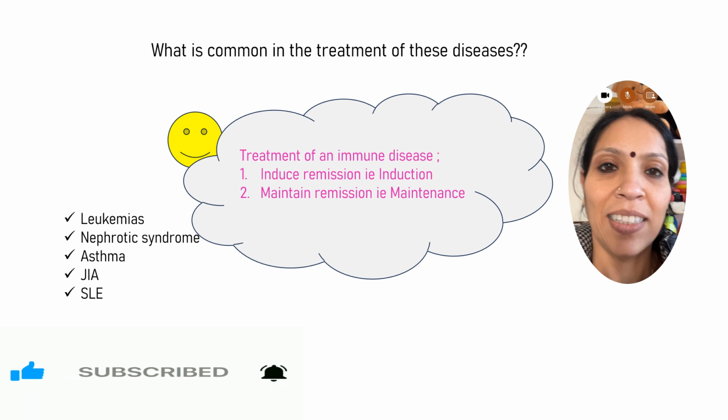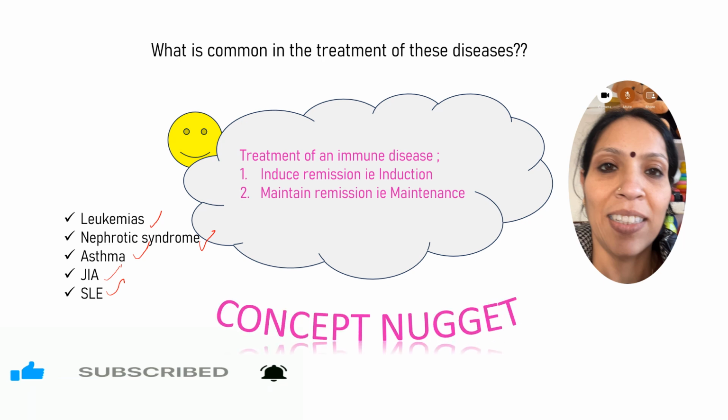This is referred to as induction. And you maintain remission, maintain the activity of the cells at that particular level, and this is known as maintenance. So you must see that these diseases are of different organ systems, but the common thing is that they all have an immunological basis, and so the treatment is primarily done in two steps. So this was an important concept nugget which I wanted to share with you all personally.